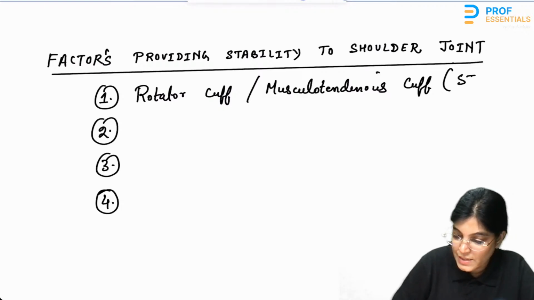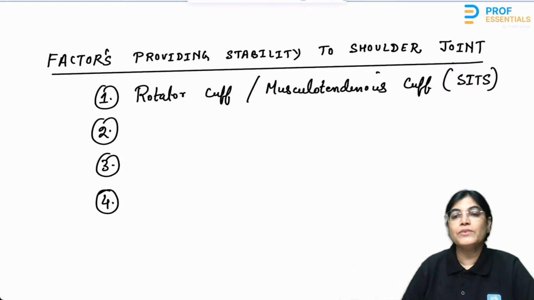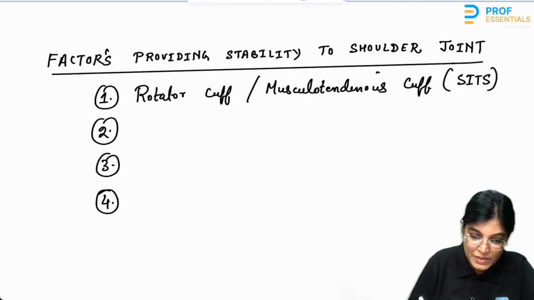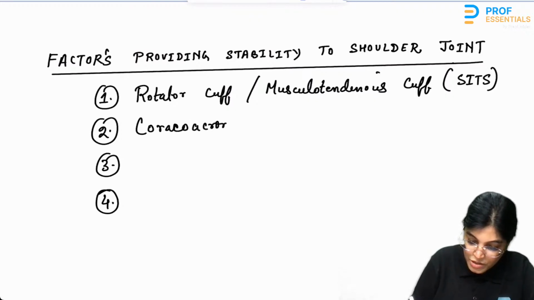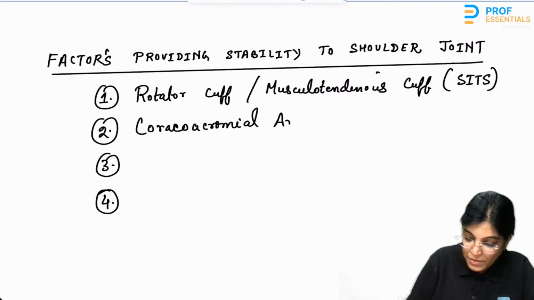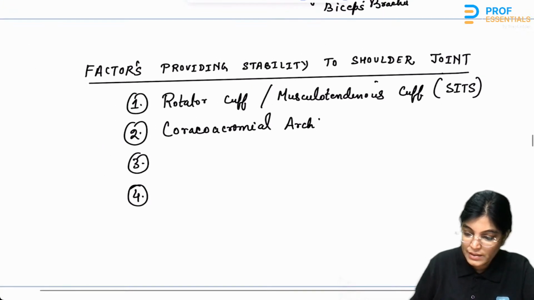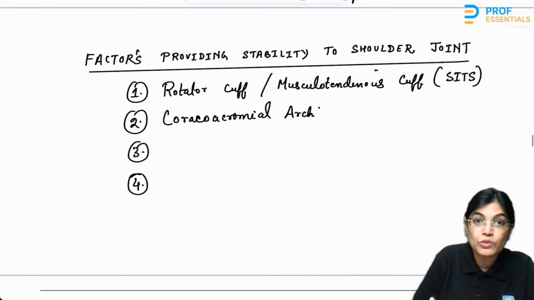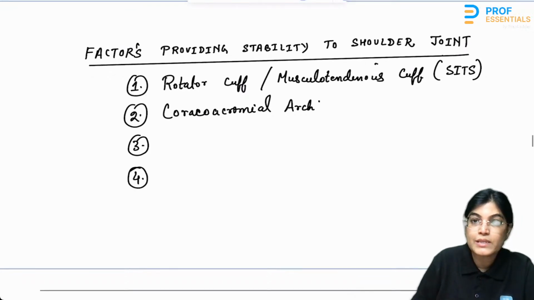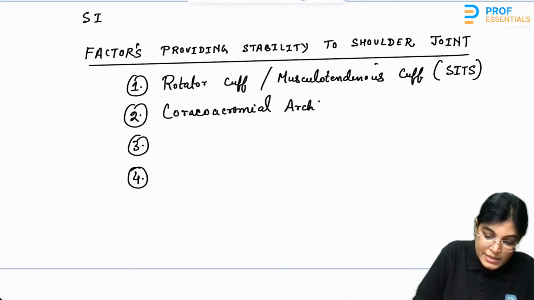What is it? It is SITS. And we already know what SITS is. Supraspinatus, infraspinatus, teres minor and subscapularis muscle. We have done this in the previous session. If you want to know what SITS is, S-I-T-S, it is for which muscles?